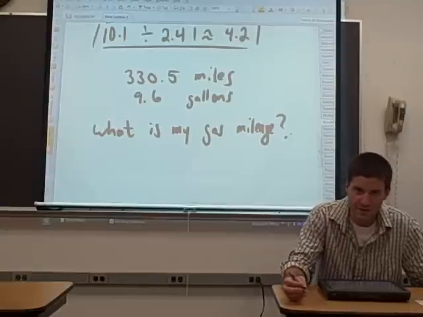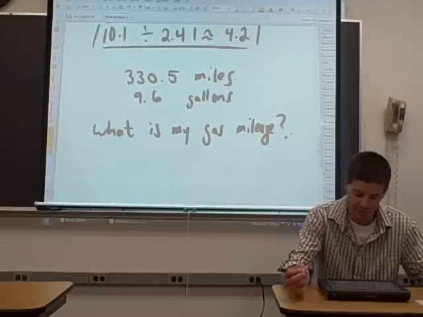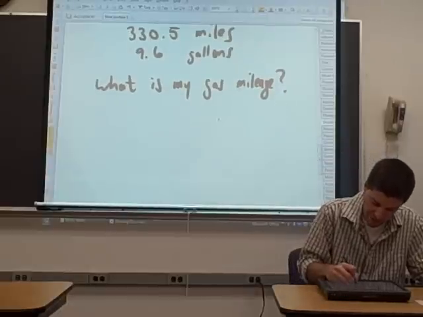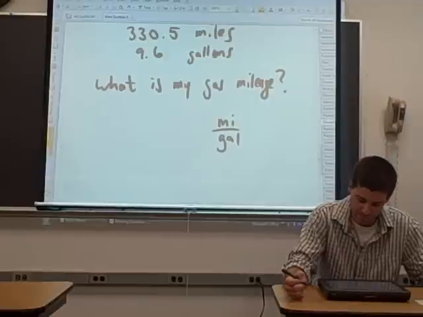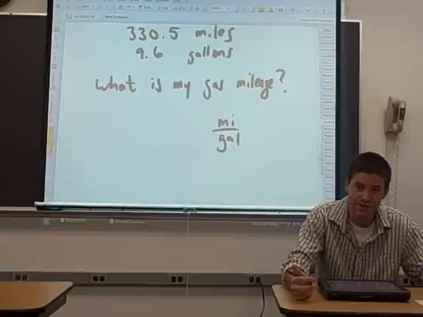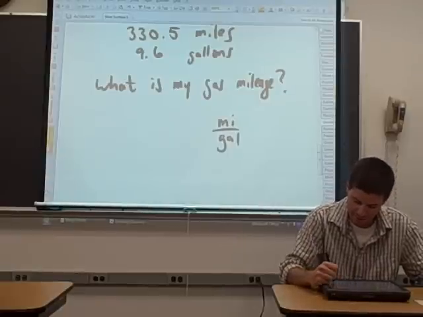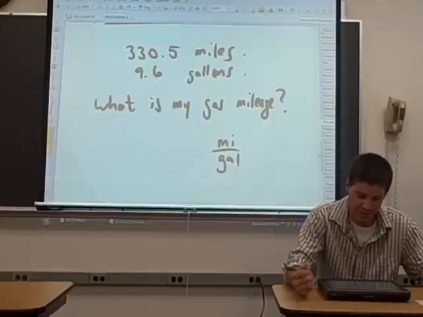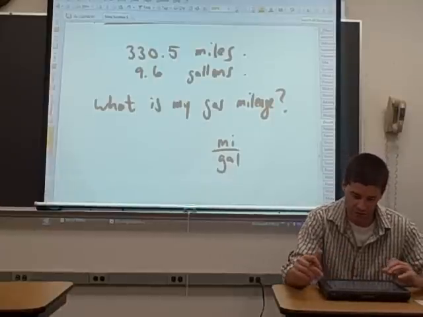So in our final answer, gas mileage is measured in miles per gallon. So our units are going to be miles per gallon. Now if we want our final answer to have these units, we better divide our number with miles in it by our number with gallons in it. All we have to do is match up the numbers with the units.